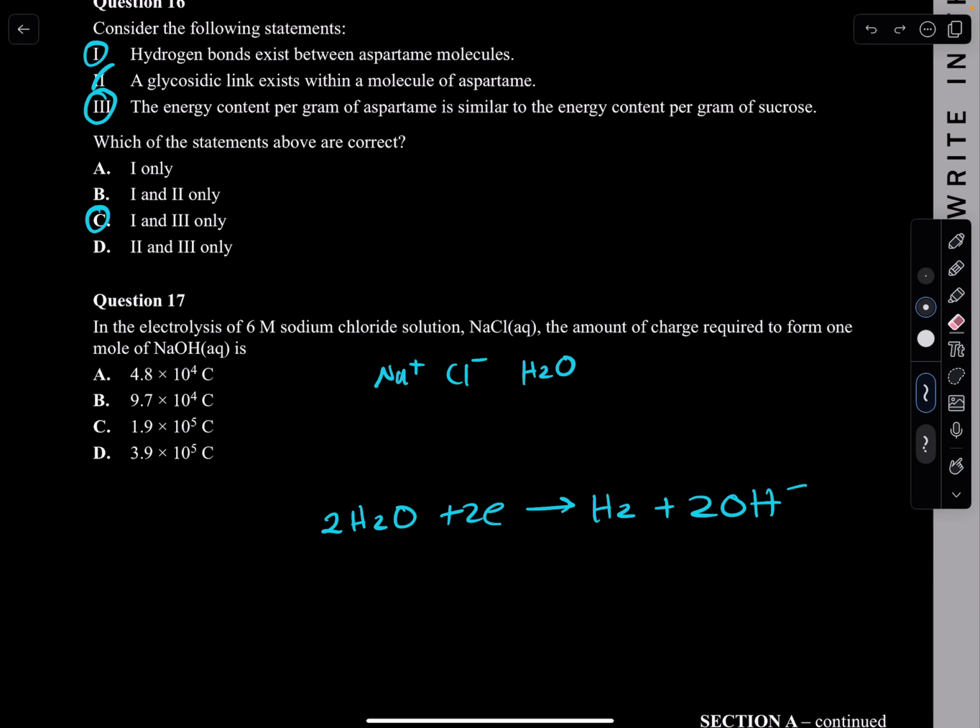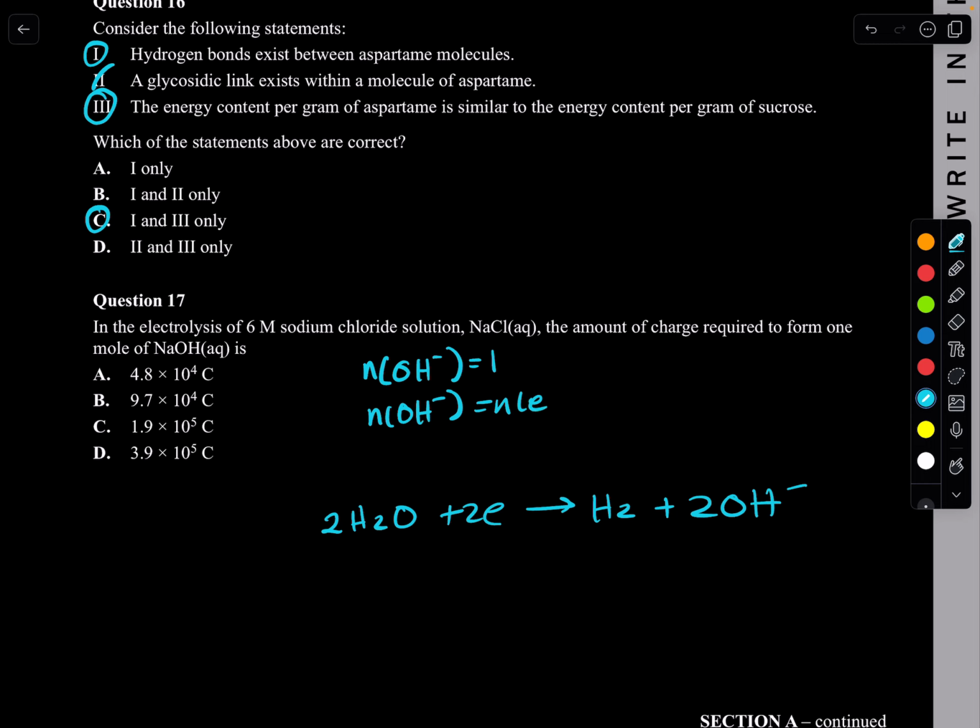Now, they told us that we want to find the amount of charge required to form 1 mole of NaOH. If we want to form 1 mole of NaOH, it means this is the same mole of OH minus here, which is basically 1 mole. Using ratios, the number of moles of OH is equal to the number of moles of electrons. As you can see, the ratios are the same, 2 to 2.